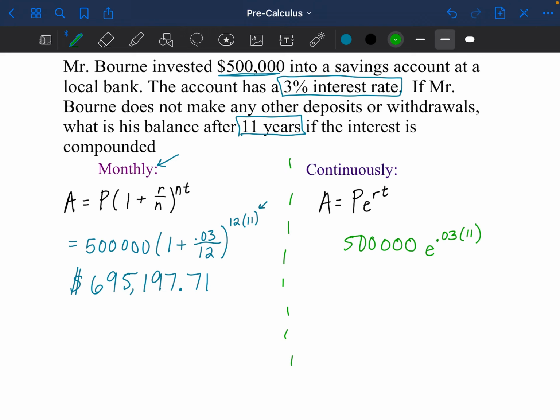We type this in and we get 695,484.06. $695,484.06. Compounding continuously, notice, definitely got more money from that, right? The more often you compound, the more money you'll get in the end. Important thing to remember.